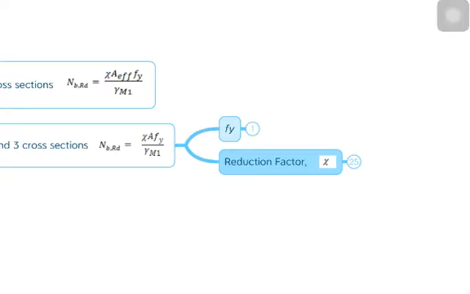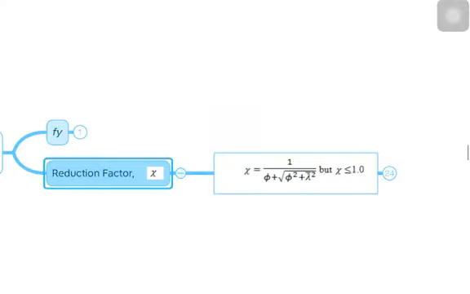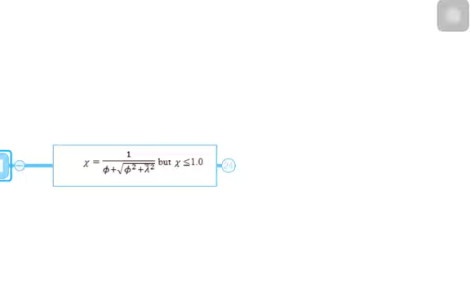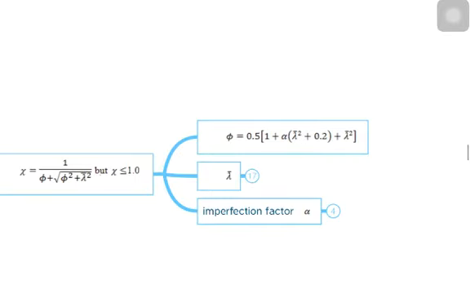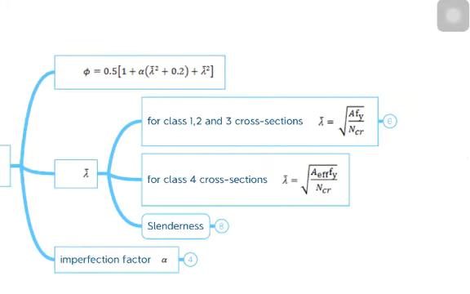Next is to find the reduction factor chi. To find the reduction factor chi, it comes from this formula, where you need to know the value of phi, and phi comes from this formula here. But to calculate phi, you need to know alpha and also lambda bar. To find lambda bar, you need to know which cross section it is.